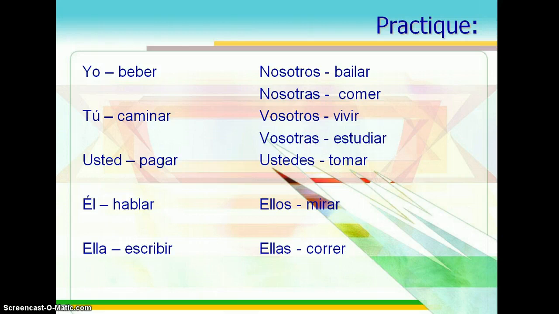Here we are, some practice for you. This is where you might want to pause, and you can, in your notebooks, write down the correct way to say all of these different phrases, which will become sentences. So: I drink, you walk, you, being polite, pay. He speaks, she writes. We dance, or we eat.